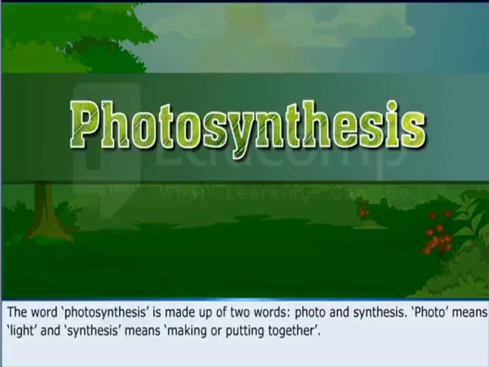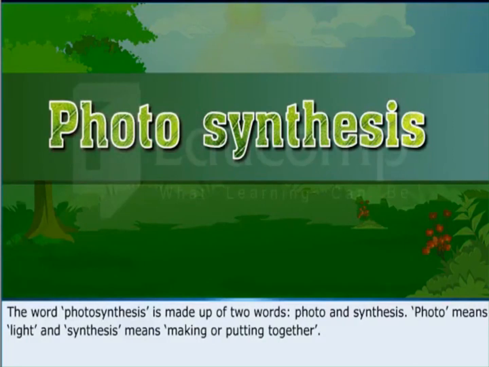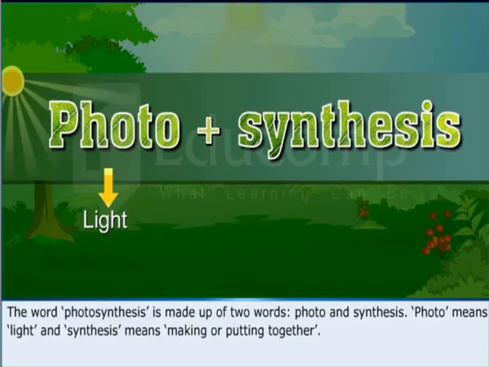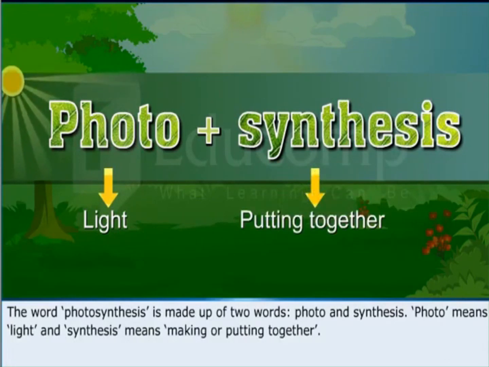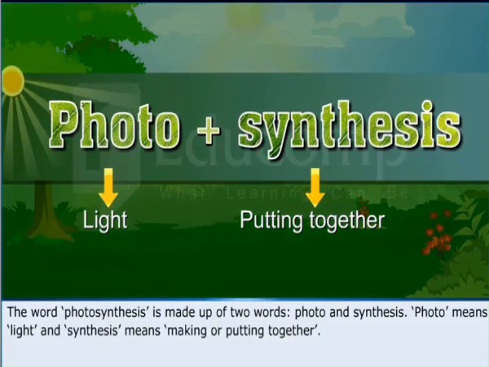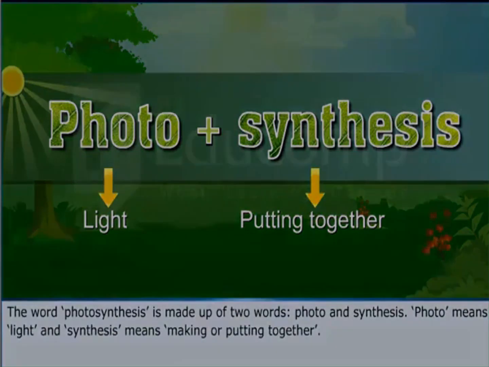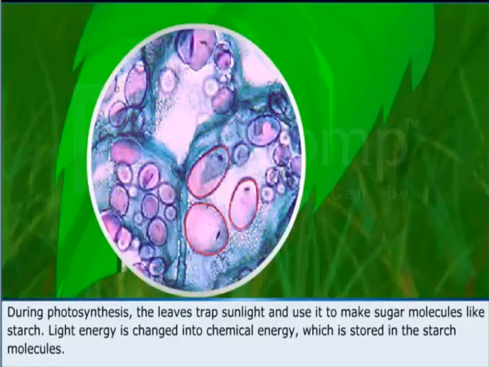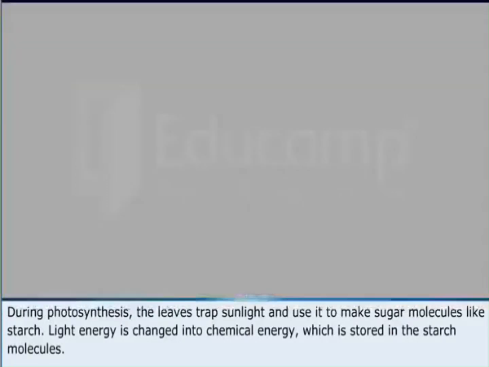The word photosynthesis is made up of two words, photo and synthesis. Photo means light and synthesis means making or putting together. During photosynthesis, the leaves trap sunlight and use it to make sugar molecules like starch.